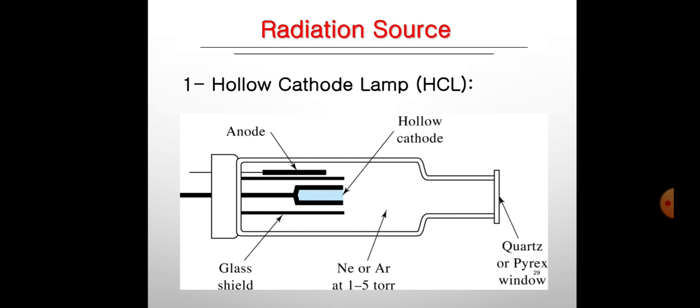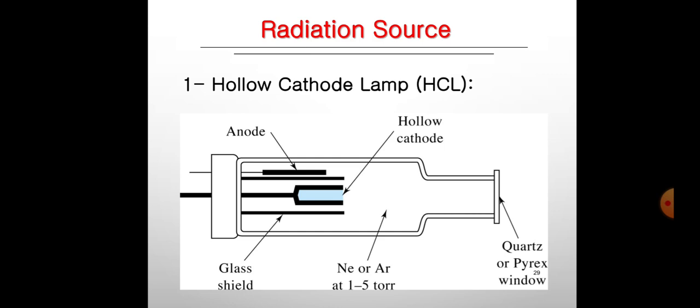One of the most important and most common radiation sources that are used in atomic spectroscopy is the hollow cathode lamp, that its picture can be seen here. We have a hollow cathode that is made from the element that we are going to analyze. For example, if you are going to analyze copper, the cathode should be made from copper.